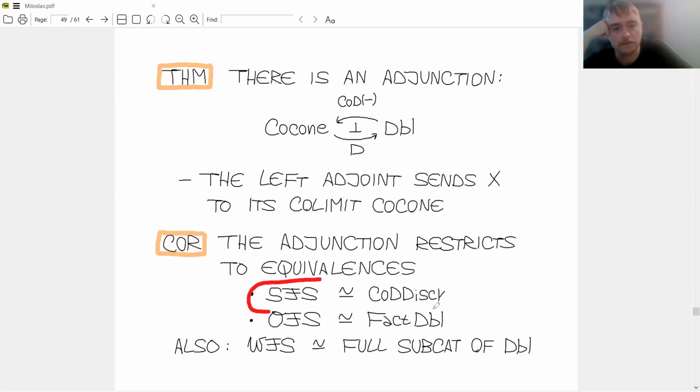So this restricts to strict factorization systems and domain discretes, orthogonal and factorization double categories. What's also interesting is that it restricts to weak factorization systems. But my issue, or I guess I stopped working on it at some point, is that this also restricts to a certain class of double categories, but I haven't been able to capture these using elementary terms. So maybe it's similarly easy to these ones, but I haven't been able to do it.